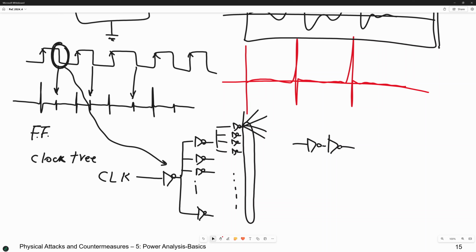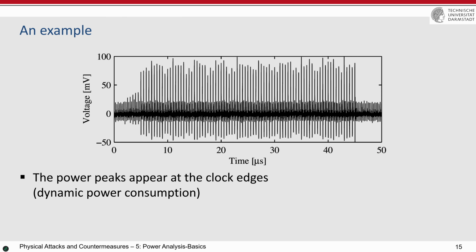Not only the flip-flop, also the clock buffer, and then you see something like this. You see these guys. But they are usually what? They are data independent if the circuit does not have any activity in the negative edge of the clock. Because there are circuits that work at both edges of the clock.